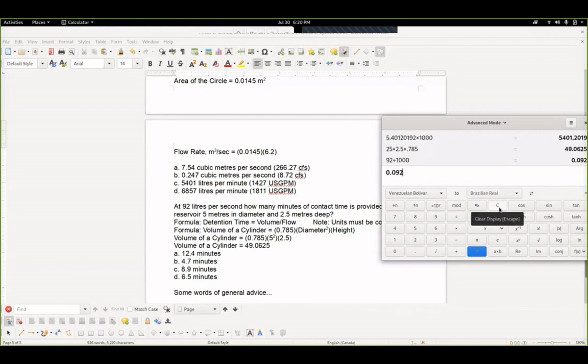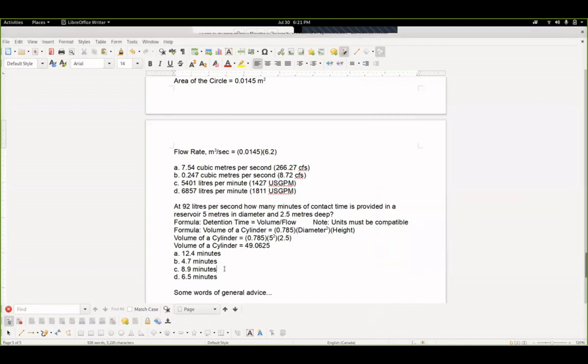And that would be how many meters cubed per second it is. So if we take the volume and we divide it by 0.092, we should get the detention time in seconds. So we're going to do 49.0625 divided by 0.092, and that would be it in seconds. So then we divide that by 60, and we get 8.888, which is very close to 8.9 minutes.